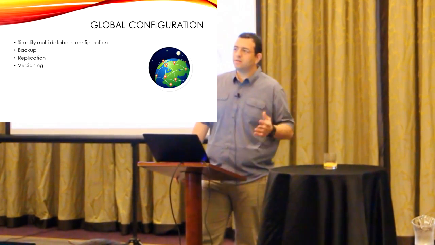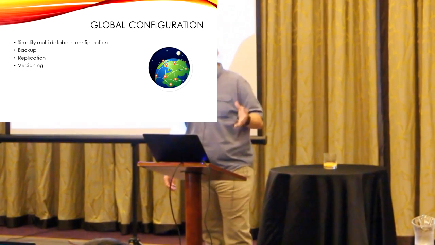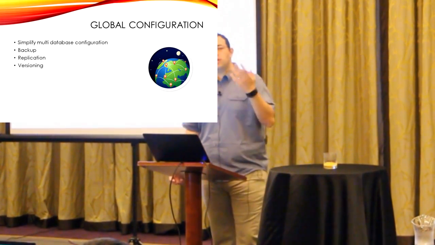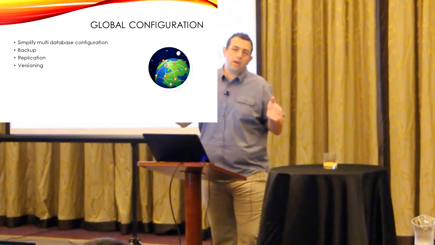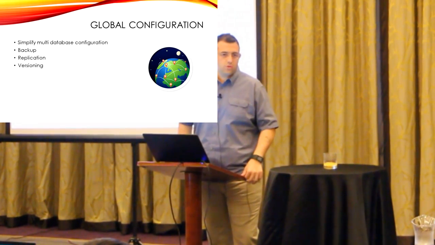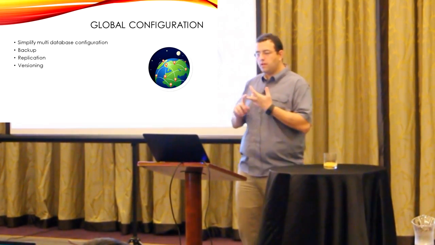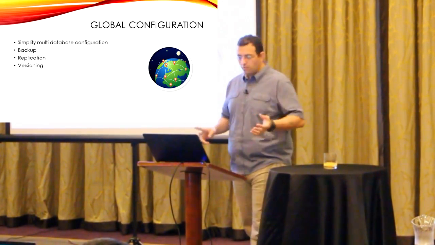And in that case, they have the same configuration across the board. But every time they set up a new system, they have this checklist of stuff that they need to do. Oh, I need to define the replication, the backup, the version strategy, all of that.